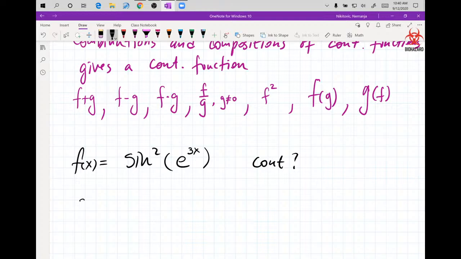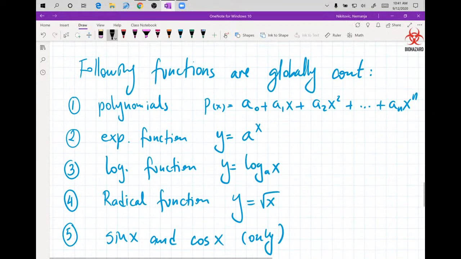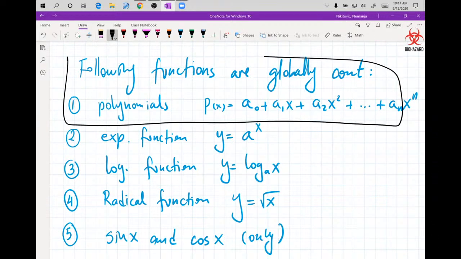So you start with 3x is a polynomial, hence continuous. So this sentence was calling on this theorem, because 3x is a linear polynomial.